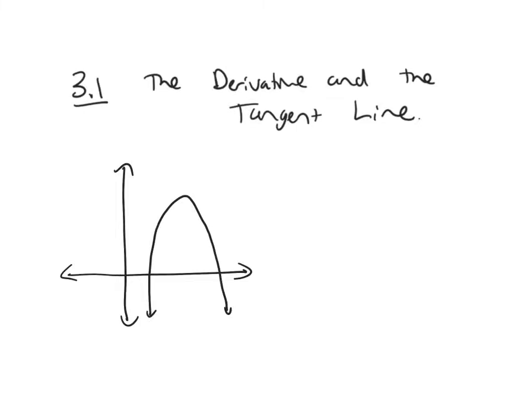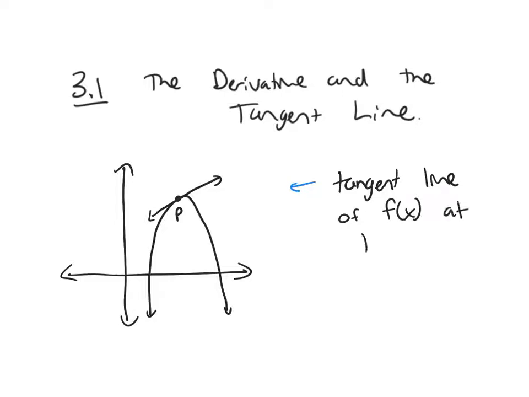And I pick a point on this graph, let's call that point P, and I want the tangent line to that graph right there. So what I've got here is the tangent line of my function at the point P.